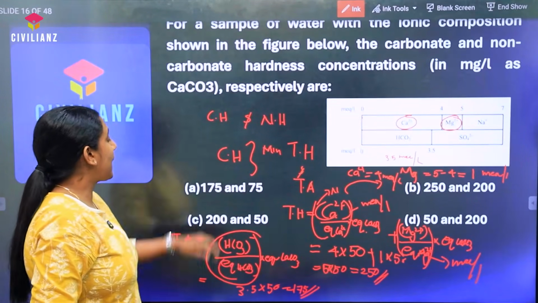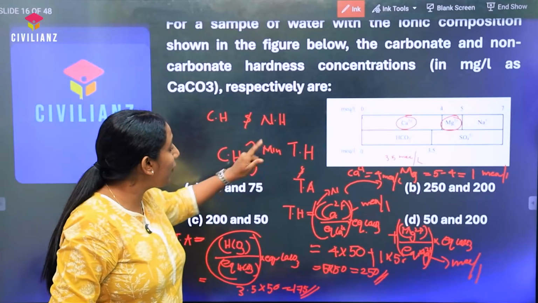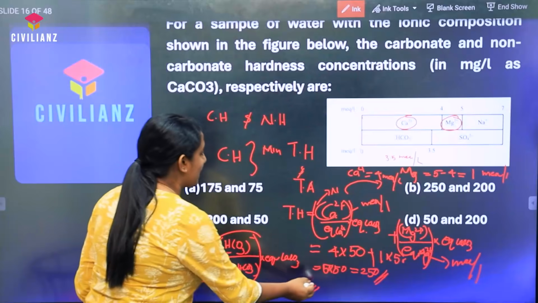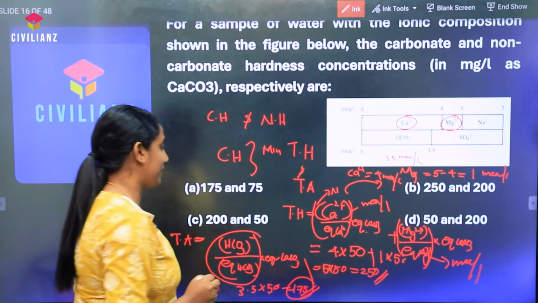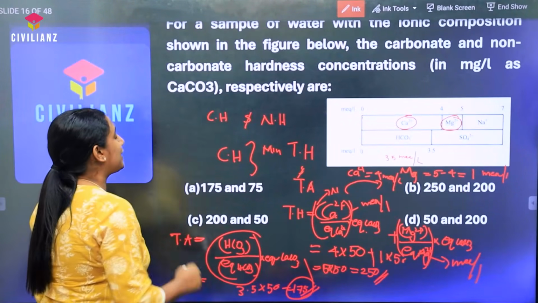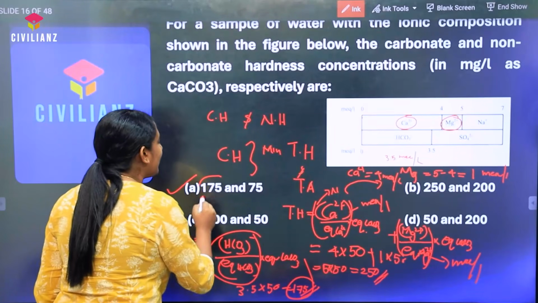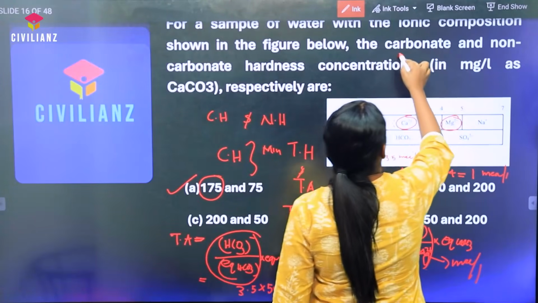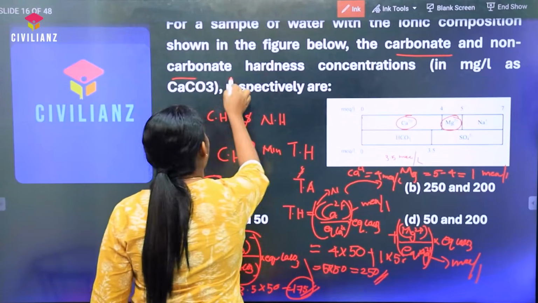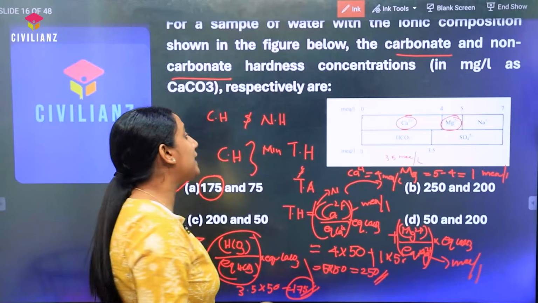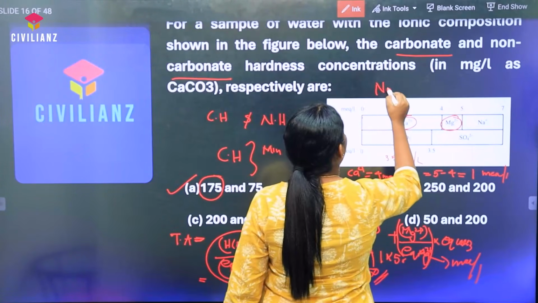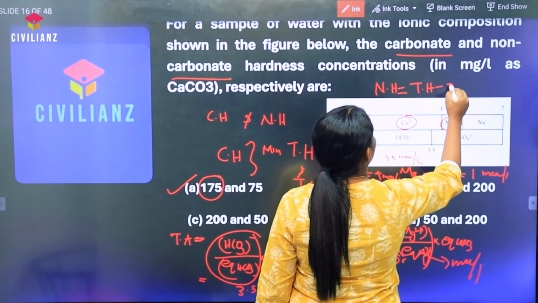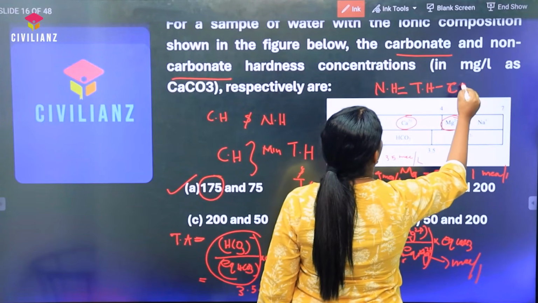So what is carbonate hardness? It is the minimum of total hardness or total alkalinity. What is the minimum value? 175. So directly we can select option A, 175, the carbonate hardness. Non-carbonate hardness equals total hardness minus carbonate hardness.